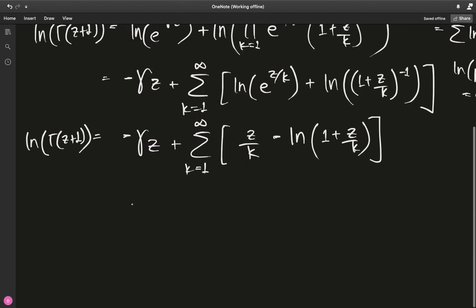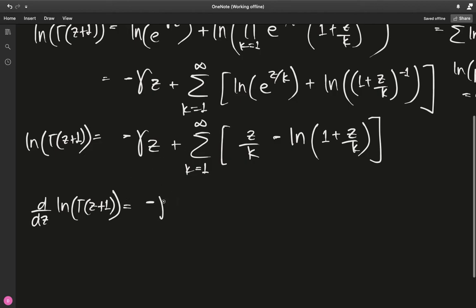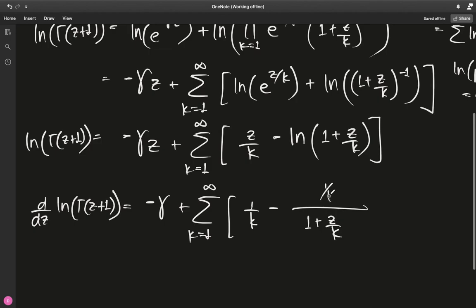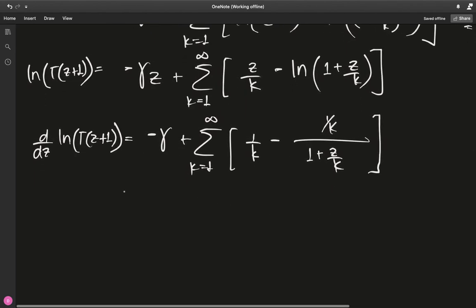But now let's take the derivative with respect to z on both sides. So when I do that, we have minus Euler-Mascheroni plus sum from k equals 1 to infinity of 1 over k minus 1 over 1 plus z over k, and 1 over k on top by the chain rule basically.